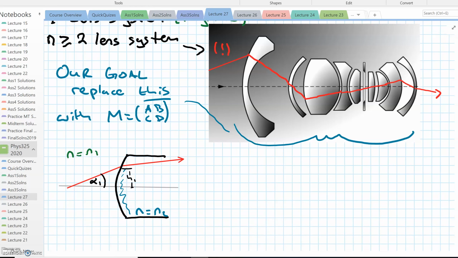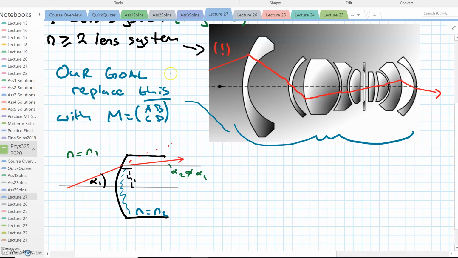And then when it hits this refracting surface, it changes angles, so that its angle with respect to the horizontal is now alpha 2. And that's what a refracting surface does: it changes the angles. But remember, there's two numbers that we need to keep track of. There's the height as well. We need a point as well as an angle. So how do we change heights? Well, that's just free propagation.